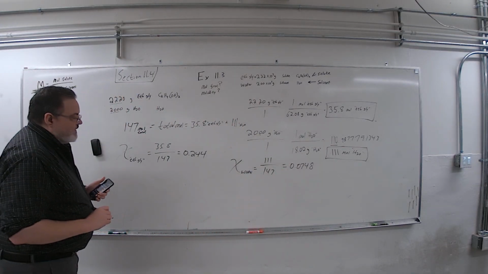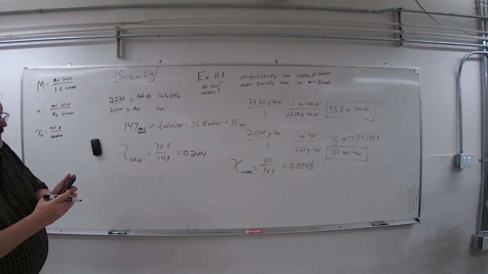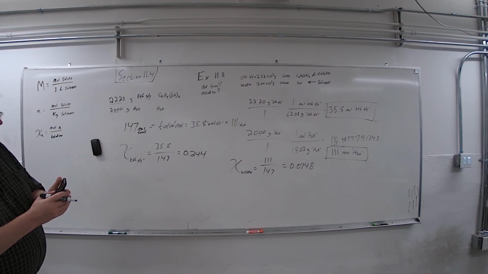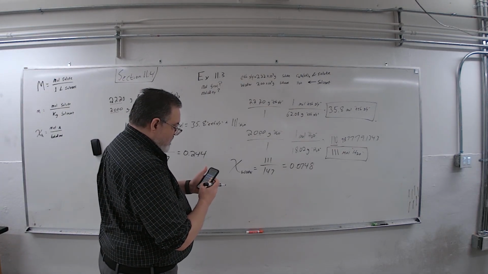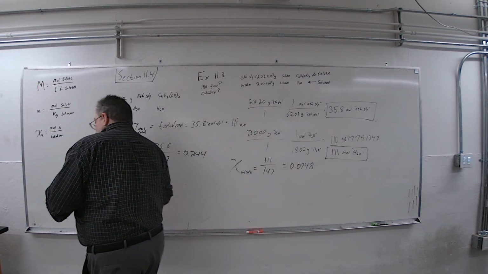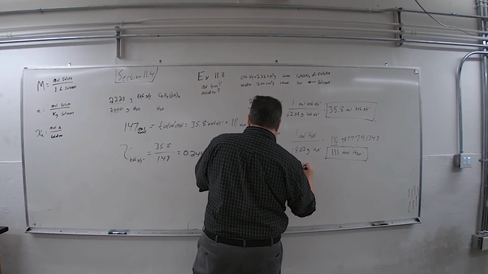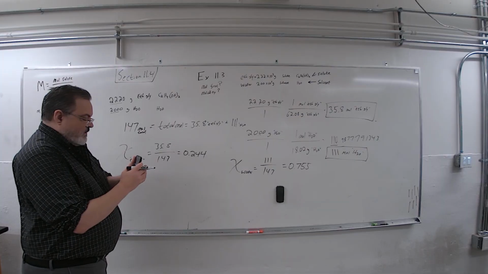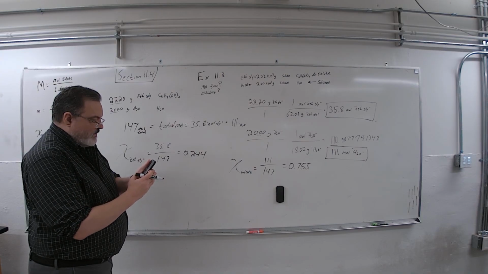And these should add together to be very close to 1. 0.244 plus 0.755, 0.9999.